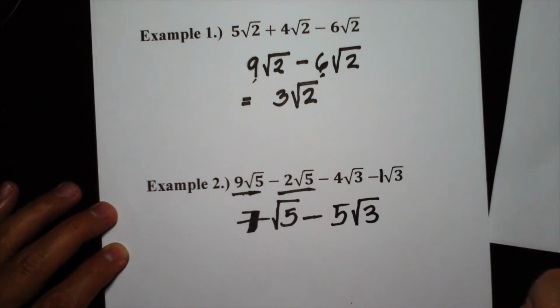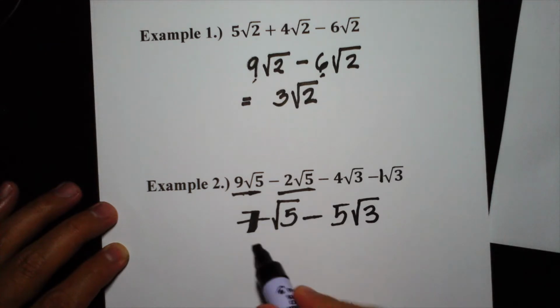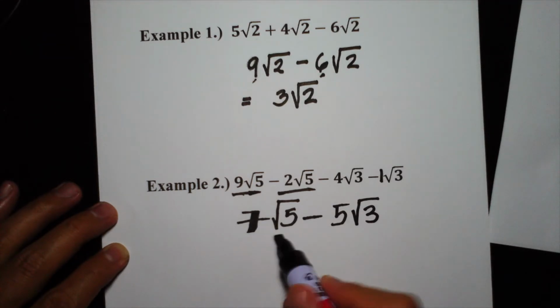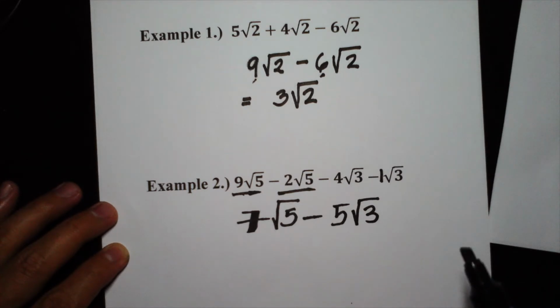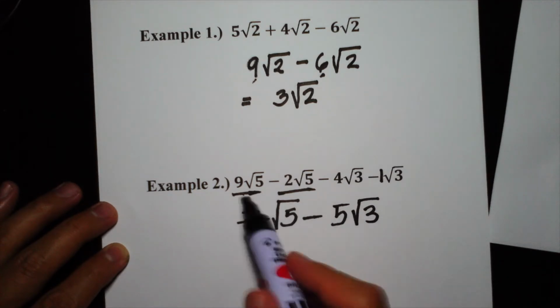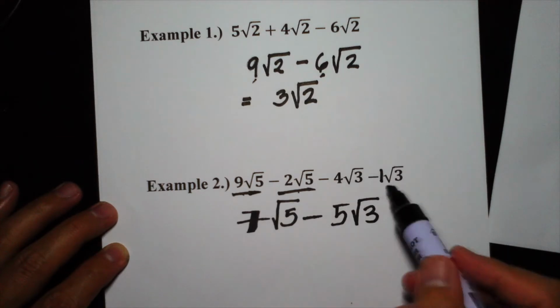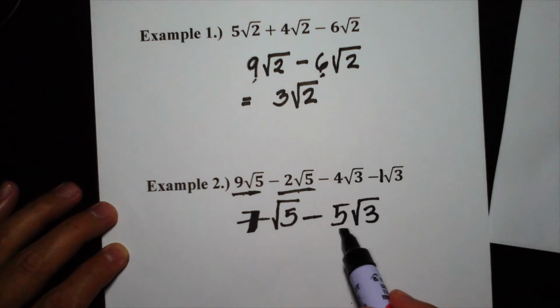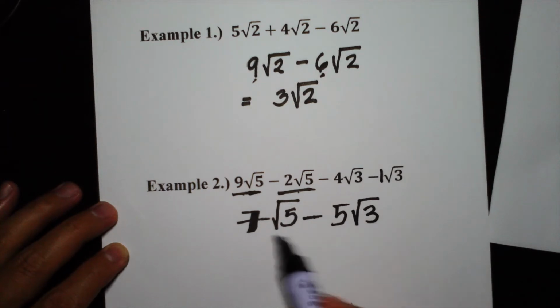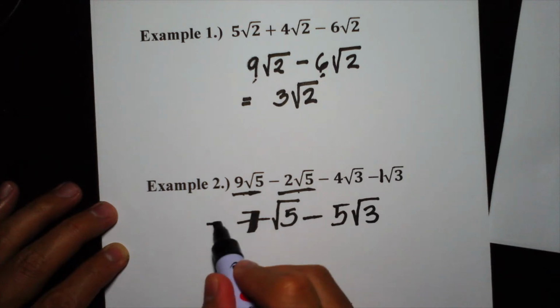So that is now the answer. We cannot perform any subtraction between the two because they are not similar radicals. The only thing that you should add is those similar in radical. Since 7 square root of 5 minus 5 square root of 3, they are different. Therefore, as it is, that is now the answer.